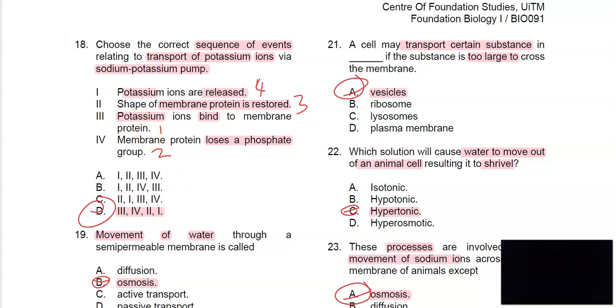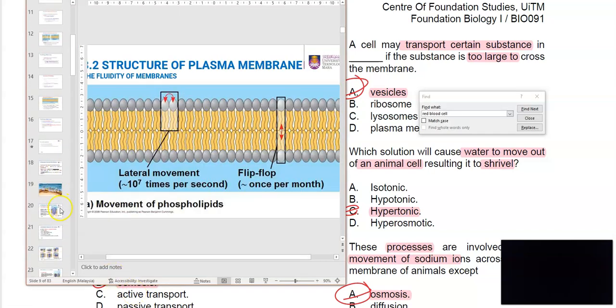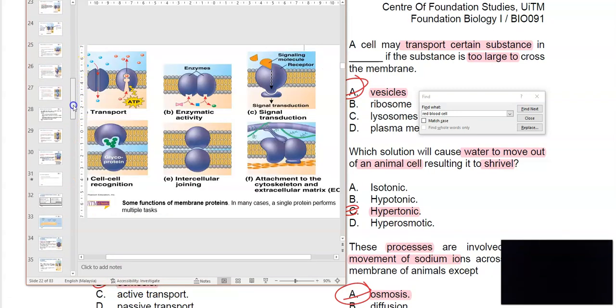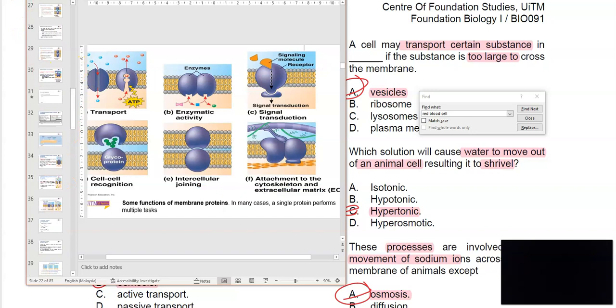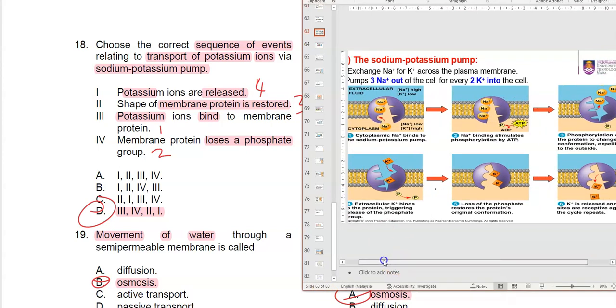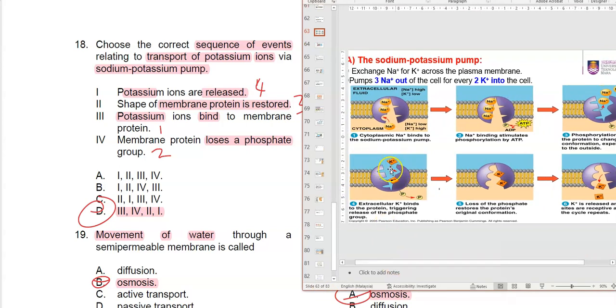Okay, so if you look at the diagram here in your notes, slide 63, as you can see here, potassium ion from outside will bind to the membrane protein, which is the carrier.